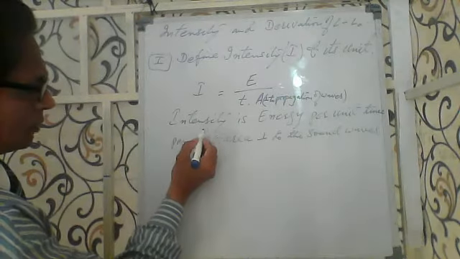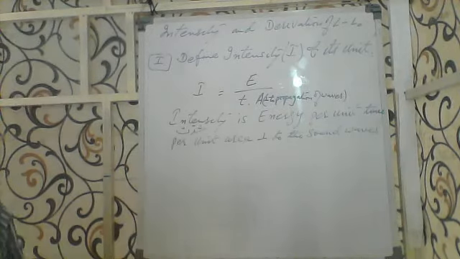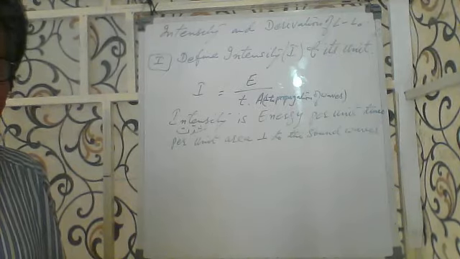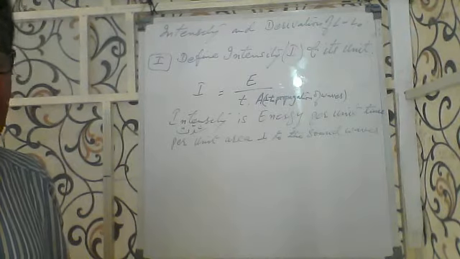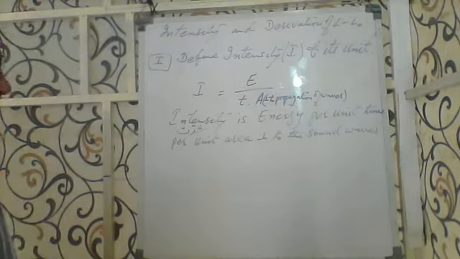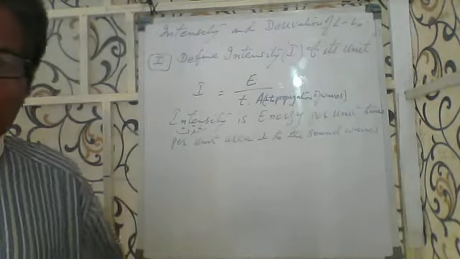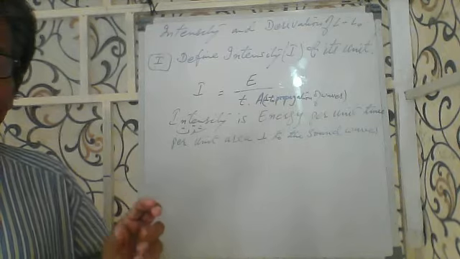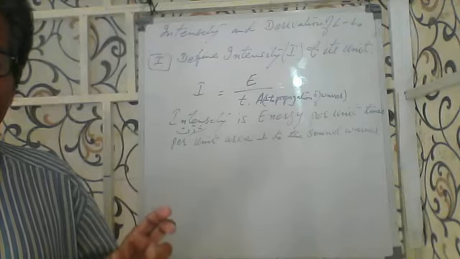In Urdu, we call it shiddat. For example, the intensity of sun rays is increased in summer and the intensity of sun rays is decreased in winter. सर्दियों में सूरज की धूप की इंटेंसिटी कम होती है और गर्मियों में सूरज की धूप की इंटेंसिटी ज़्यादा होती है, शदीद होती है.